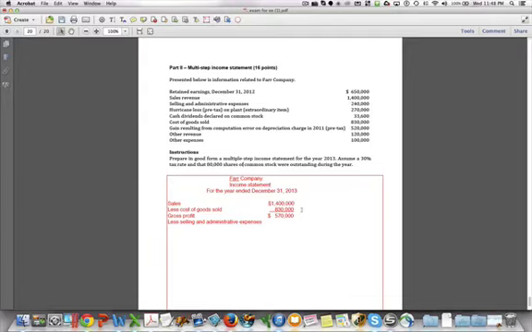That's 240,000. Again, we use the word less here, so we're not going to put it in parentheses, equals, some would say it's operating income, 330,000. Again, we're going to use a dollar sign since there's a line above it.